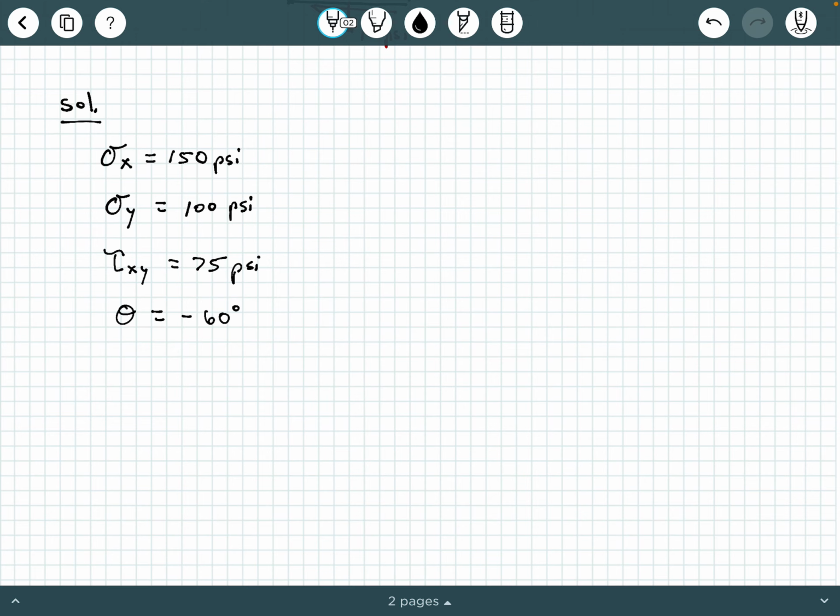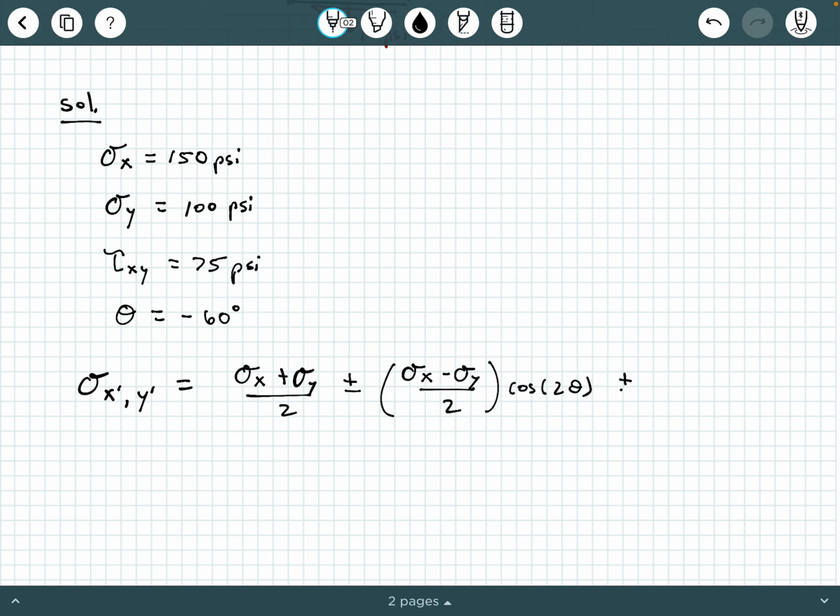We're going to write our governing equation, sigma x prime comma y prime, which remember is actually two equations rolled up into one. So we're going to have sigma x plus sigma y over 2, plus and minus sigma x minus sigma y over 2 times the cosine of 2 theta, and then plus and minus tau xy times the sine of 2 theta.